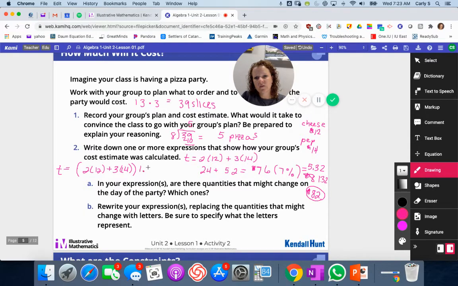And we actually do 1.07 because that adds the tax back in. That is $81.32. Okay, that's our total cost estimate.